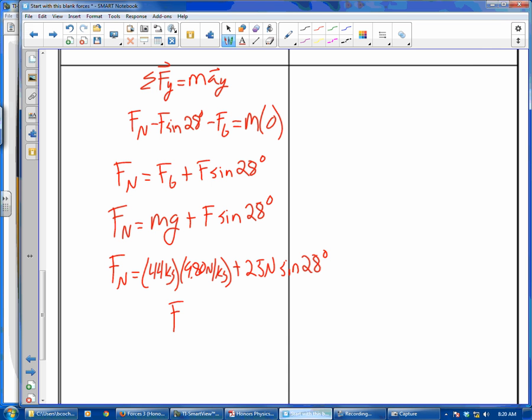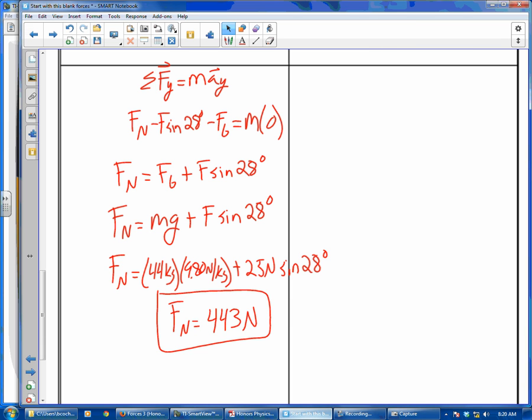So force normal in this case is 443. Okay? In part A. Any question on that before I scroll up and do part B? Good. Yes, ma'am.